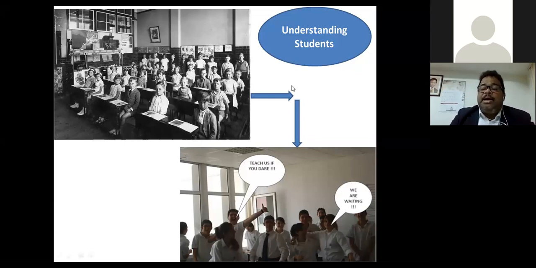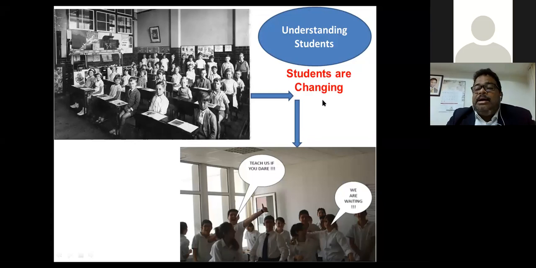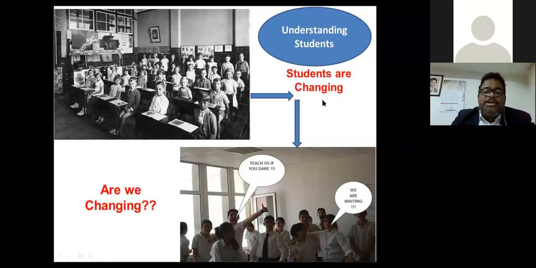But the thing is that we cannot blame the student. We need to accept it. We need to change ourselves. So students are changing. The question is, are we changing? Most of the teachers, we believe that why students are not so respectful, why they are not sitting a classroom like this, the first figure you see. No, students, we need to accept that the students are different. We need to deal them accordingly.